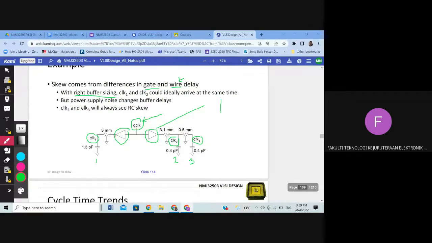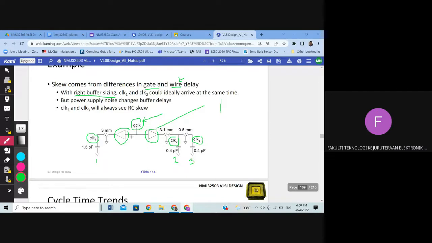So to transfer the main clock to the clocking elements 1, 2, and 3, these are actually the models. We have a resistor and we have a capacitor. This is not actually a resistor, just a model of wire resistance and also wire capacitance. And the same as this one.